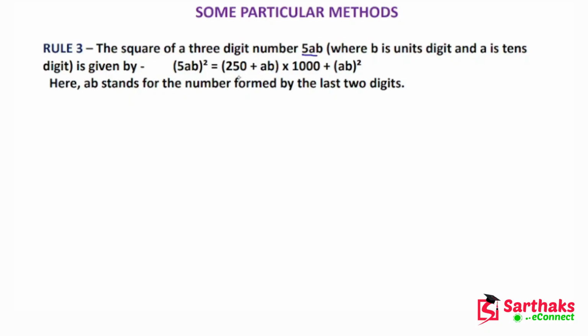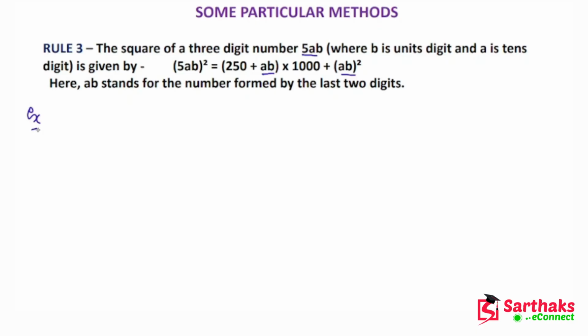You can see there it was 25, here it is 250. There it was A, here it is AB. There it was 100, here it is 1000. And there it was A square, so here it is AB square. So A is replaced by AB over here, and 25 and 100 got an extra zero each. That is how you will remember this method.